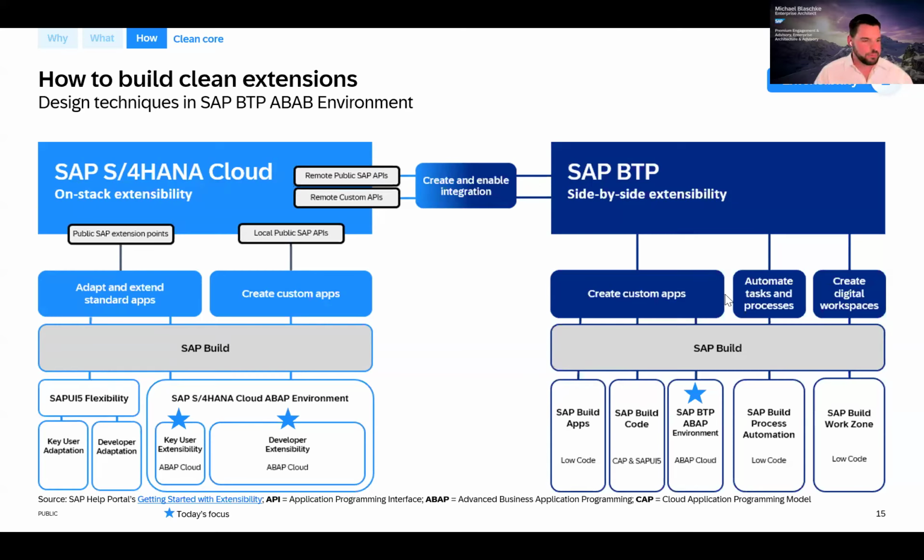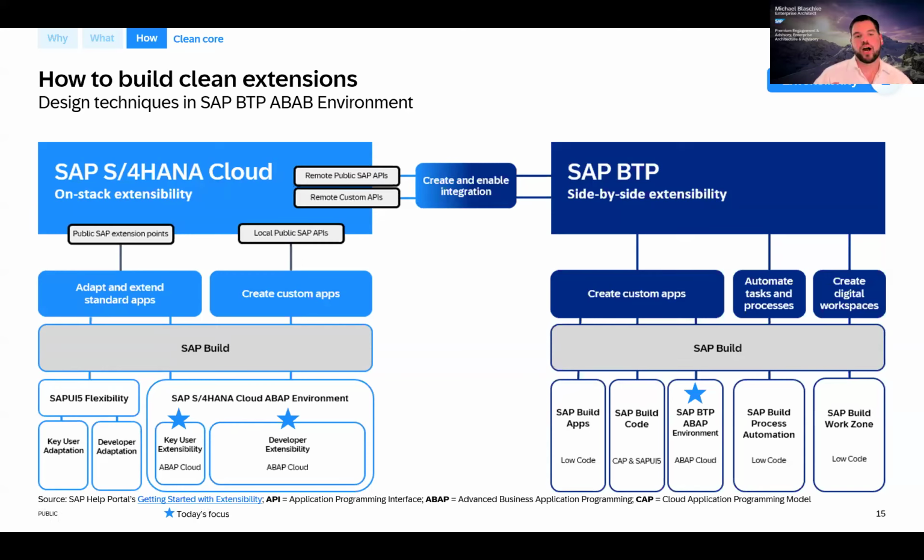And then moving away from our blue star, process automation is also enabled via SAP Build Process Automation for low-code workflows and automation scenarios, and digital workspaces are enabled through SAP Build Work Zone for creating integrated user experiences.